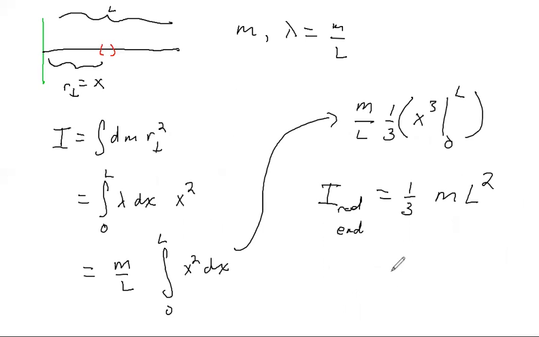So the intuition matches, and we can come up with a quantity to characterize the spread. Moments of inertia, the integral of dm times r perpendicular squared, are sensitive.